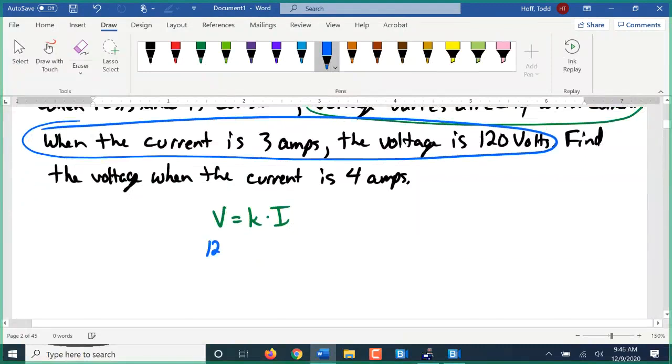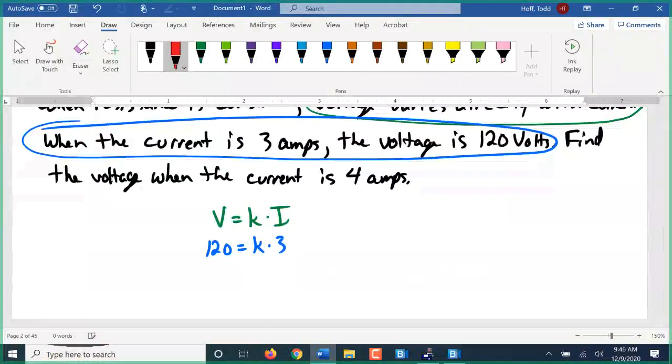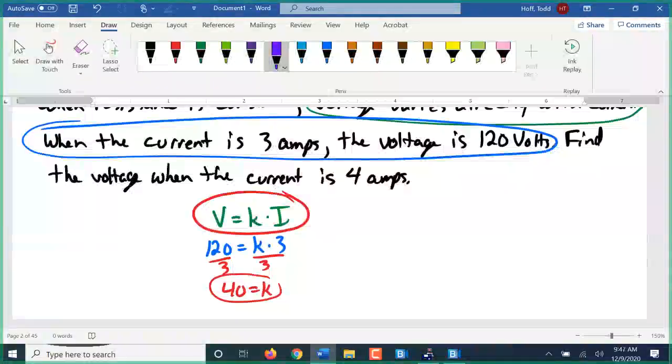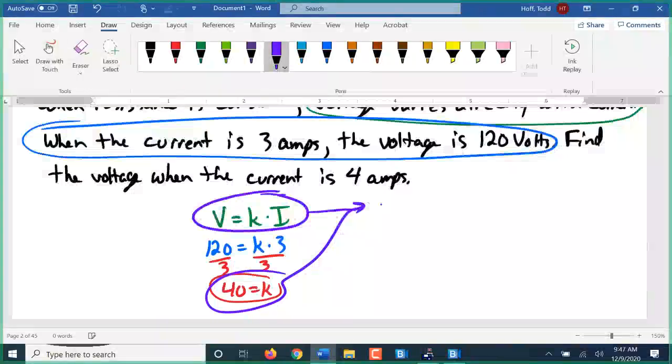Put 120 in for V, 3 in for I, and now we'll solve for K by dividing by 3. We get 40 equals K, or K equals 40. So that means in this relationship up here, I can replace the K with 40. The voltage is actually equal to 40 times the current, 40I.